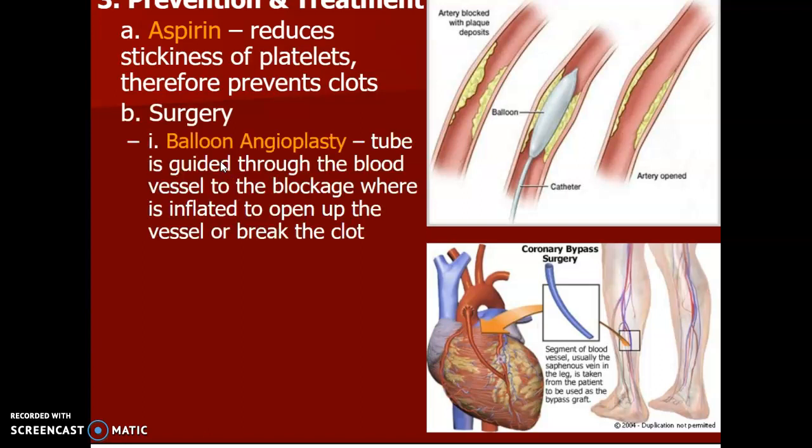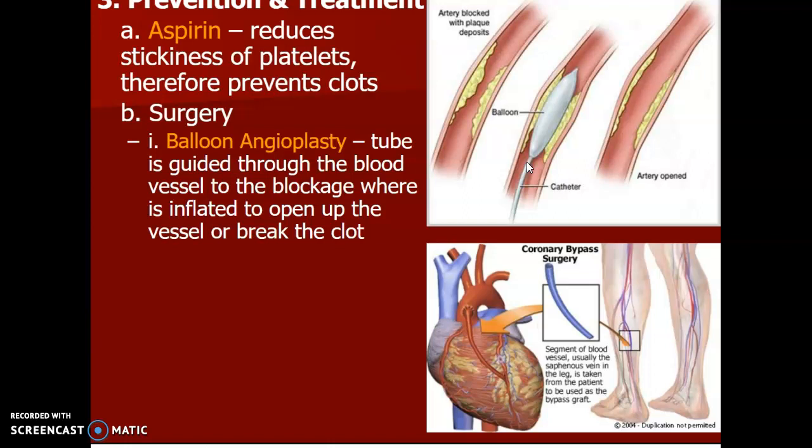You could do surgery. One kind of surgery is called a balloon angioplasty, where they literally go into a vessel in your thigh or in your wrist, and they put a catheter in there into the vessel, and they wind that catheter or guide that catheter.